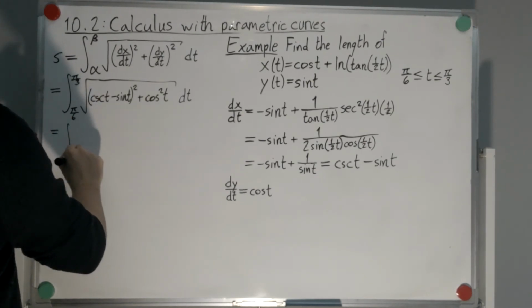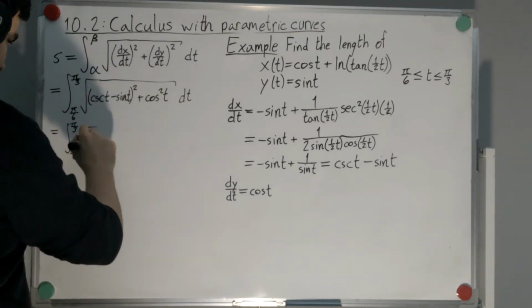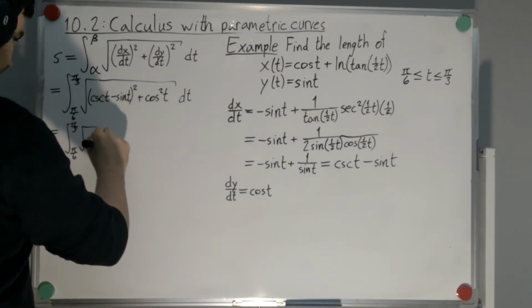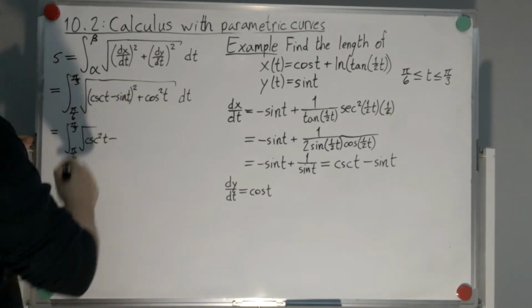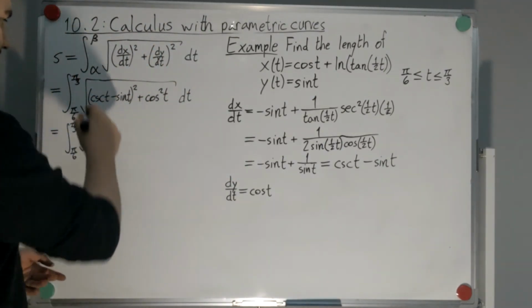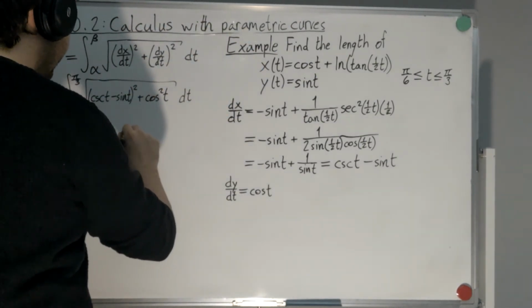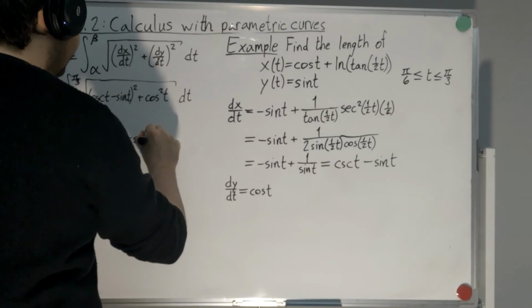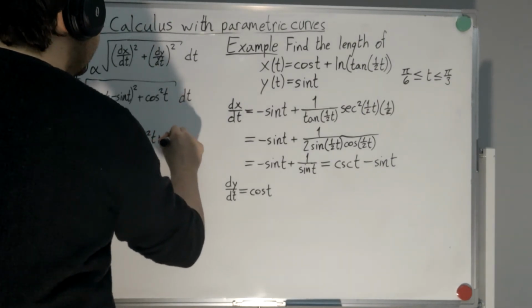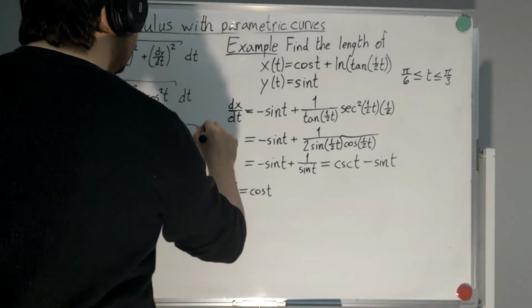Integral from pi over 6 to pi over 3, square root of cosecant squared t minus, okay, cosecant times sine is just 1. So then minus 1 makes minus 2. Then add to this sine squared t plus cosine squared t is still around, dt.